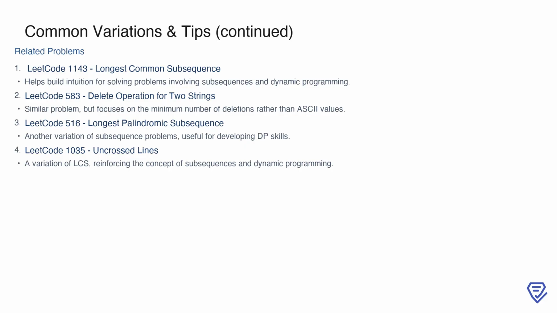LeetCode 516, longest palindromic subsequence, is another subsequence problem that emphasizes identifying and solving for specific patterns within a string. Lastly, LeetCode 1035, uncrossed lines, is a variation of LCS that reinforces the same core principles of subsequences and dynamic programming. Practicing these problems can deepen your understanding of the techniques and patterns used here.